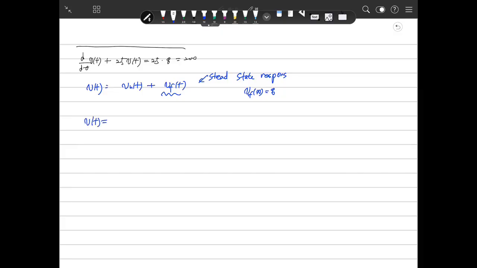So Vt will be k exponential minus 1 over tau, t minus t0, plus 8. And here, what is the tau? 1 over tau is 25. So k exponential minus 25 (t minus t0) plus 8. This time we determine the k.